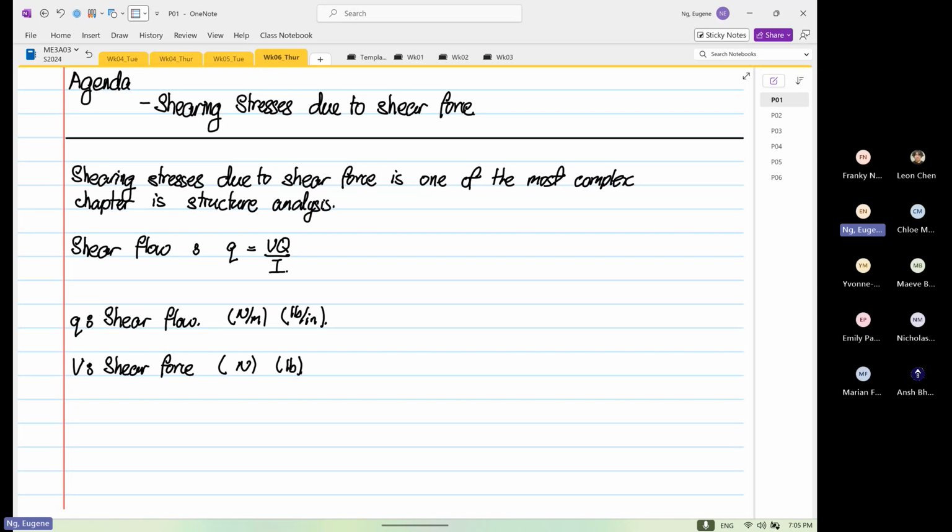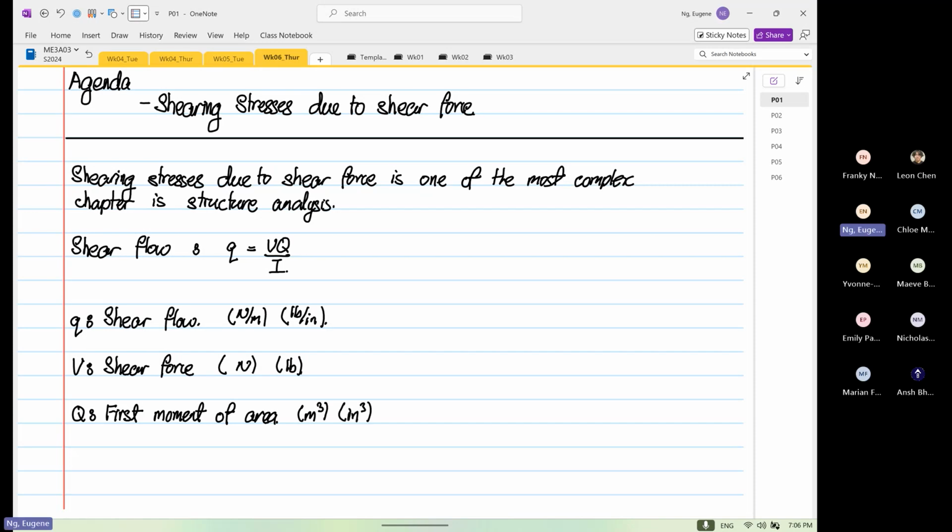And then you have Q, which is the first moment of area. The units first: it is in meter cubed or inches cubed.